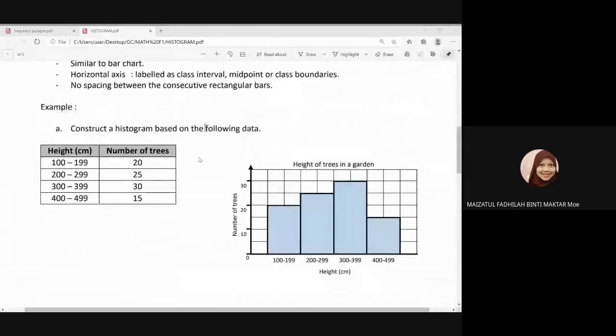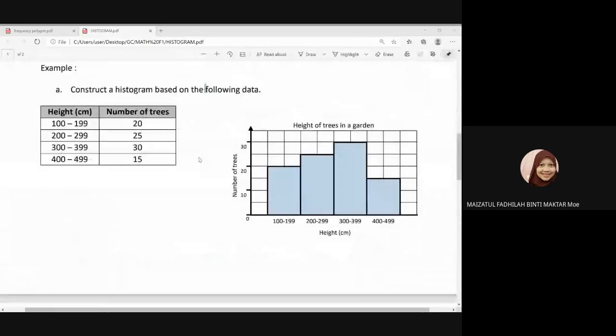So you can see, right? But usually in a histogram, sometimes the question can ask you different things. You can see the example that I give to you. The first one, construct the histogram. You can follow like this one.